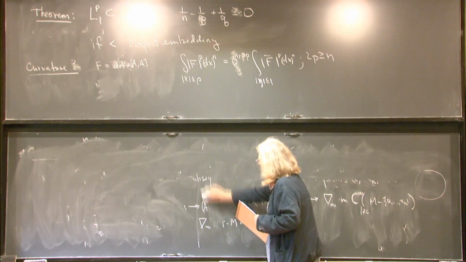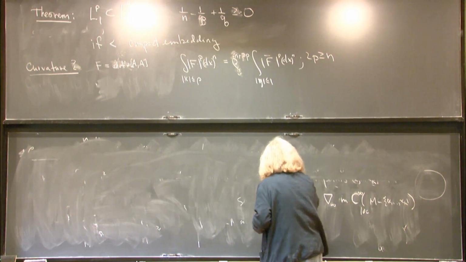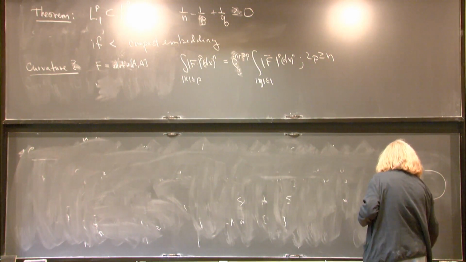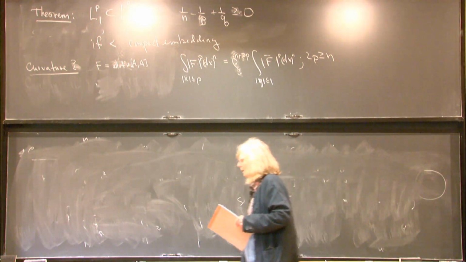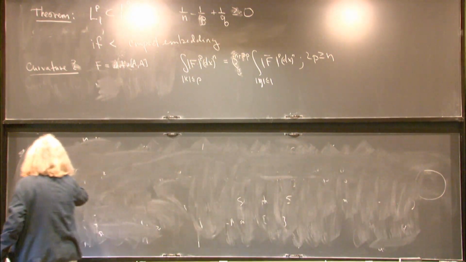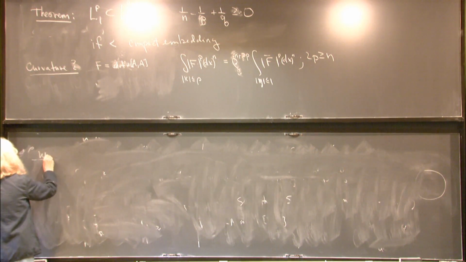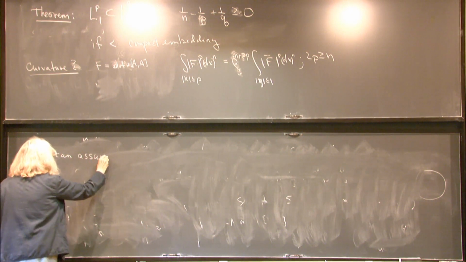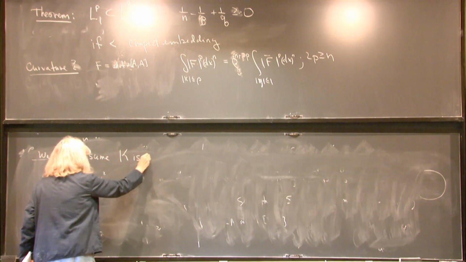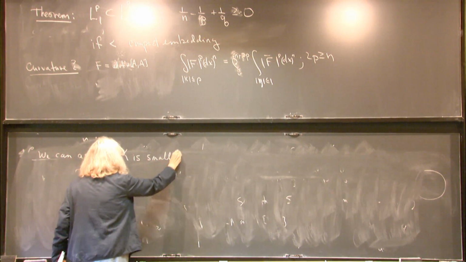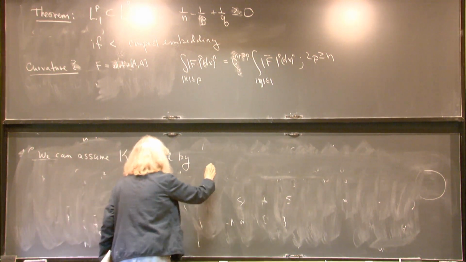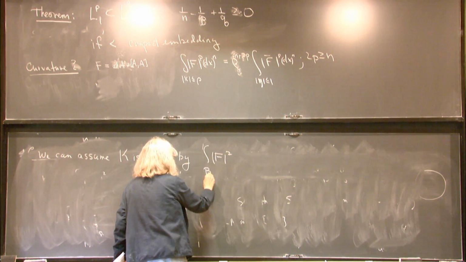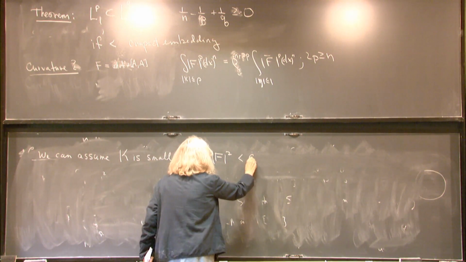The first observation is that we can assume K is small, by the integral of f squared over the ball of radius rho being less than some number.